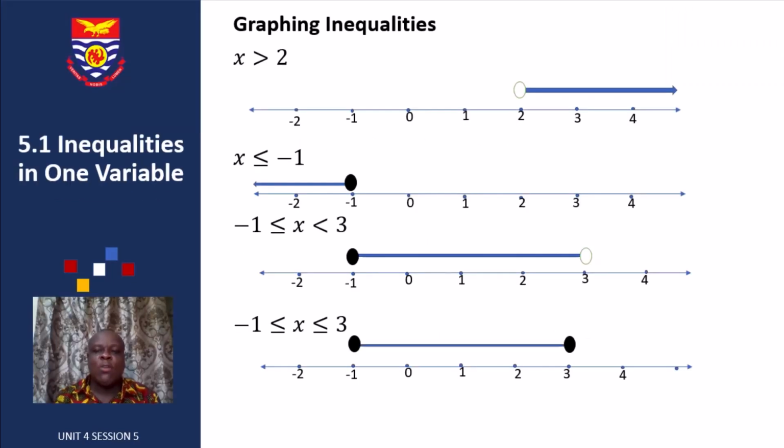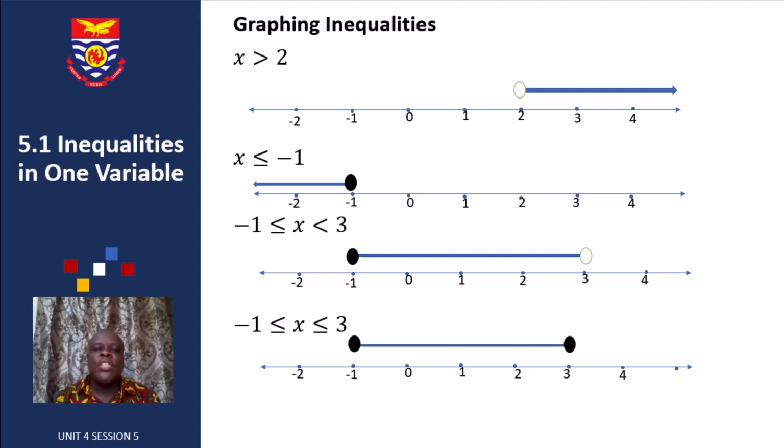Let's look at how to graph inequalities. Given the inequality x is greater than 2, you are to graph it. So you use the number line. You locate the number 2. You draw a circle on 2, then greater than 2 means all the numbers beyond 2. So from the circle, you draw the arrow moving towards the positive direction from 2.